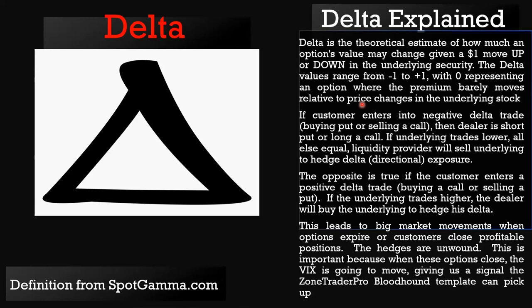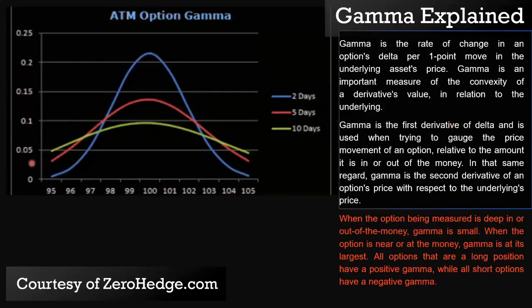When these futures hedges get unwound, this is important because when these options close, the VIX is going to move, and that's going to give us a signal that the Zone Trader Pro Bloodhound template is going to be able to pick up.